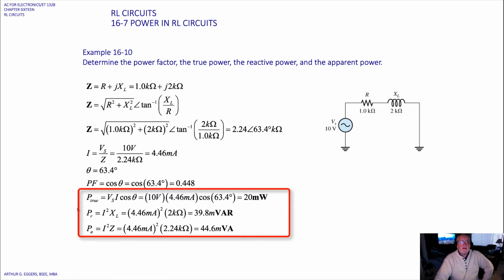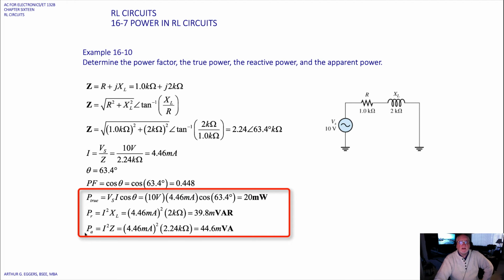So now we can determine the true power, the reactive power, and the apparent power. The true power is the source voltage times the current times the cosine of the angle theta. When we calculate that, we end up with 20 milliwatts of true power. Now we can calculate the reactive power, I squared X sub L, which is equal to 39.4 millivolt amps reactive.